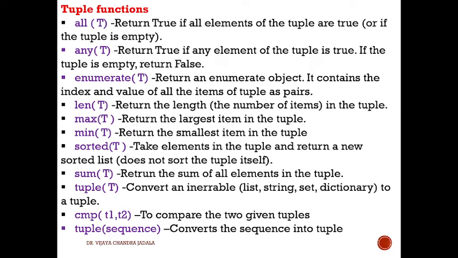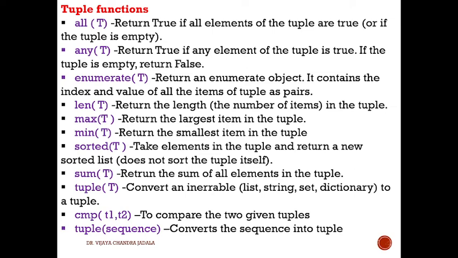Max of t returns the largest item in the tuple. Min of t returns the smallest item in the tuple. Sorted of t takes the elements in the tuple and returns a new sorted list; it does not sort the tuple itself. Sum of t returns the sum of all elements in the tuple.